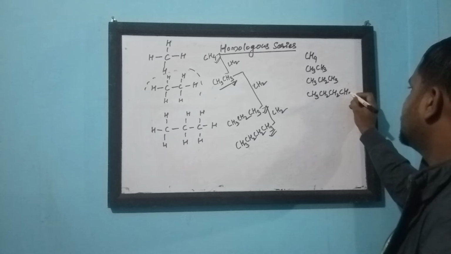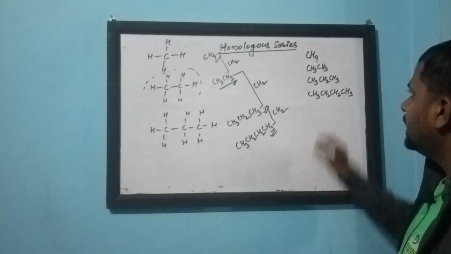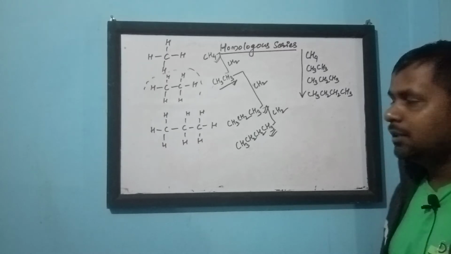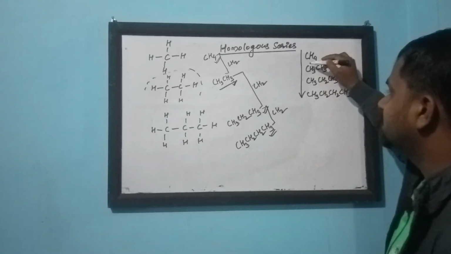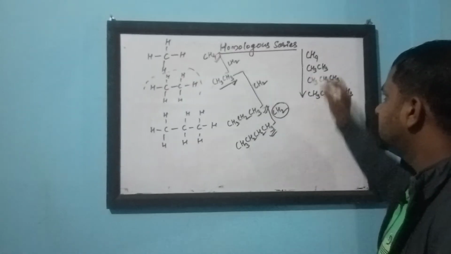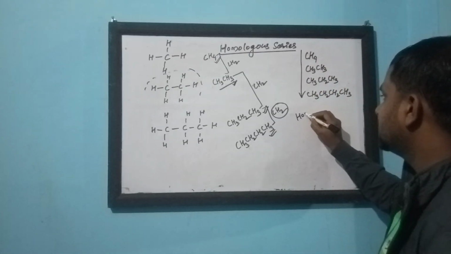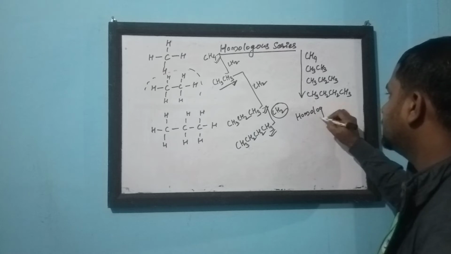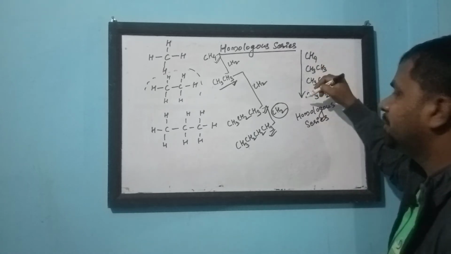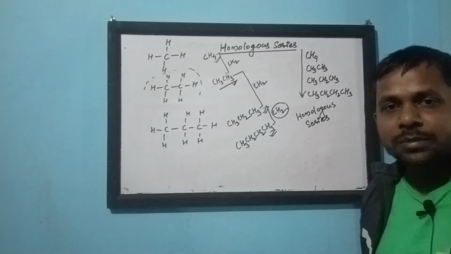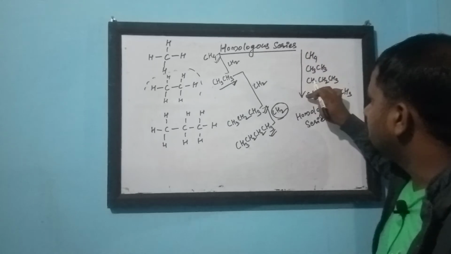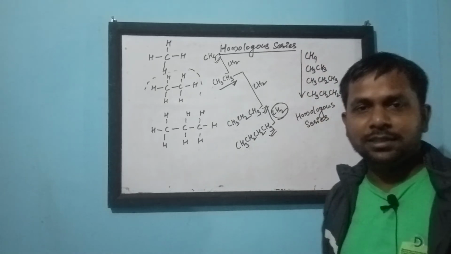When we write all these compounds like this, CH4, CH3CH3, CH3CH2CH3, CH3CH2CH2CH3, this series which differs from each other by a CH2 group is called a homologous series. A series of compounds that differ from each other by a CH2 group is called a homologous series.